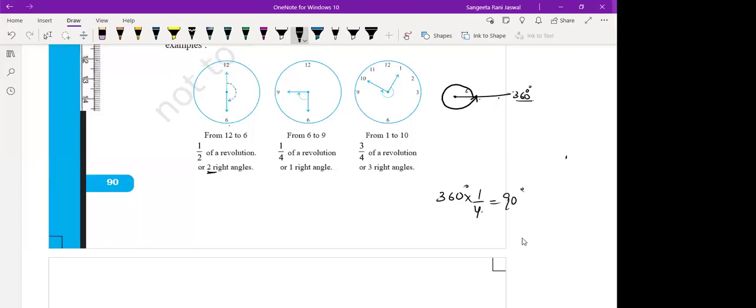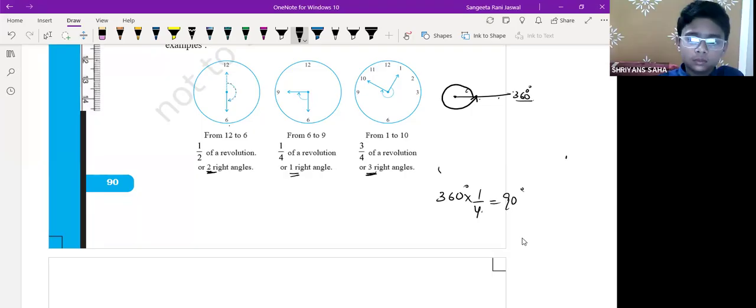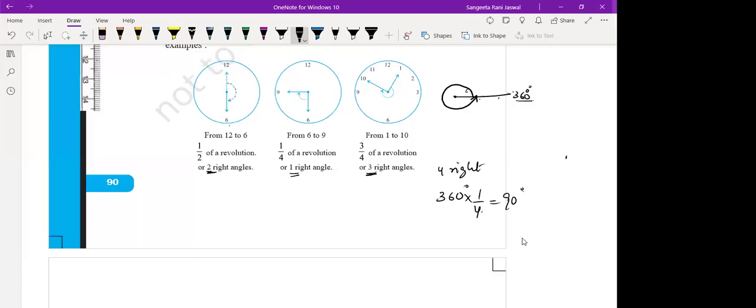This is just a quarter part of it. 3/4 is taking 270 degrees, making 3 right angles, right? 3/4 of a revolution means making 3 right angles. 1/4 of a revolution is making 1 right angle. Half revolution is making 2 right angles. I hope you are understanding. And 4 right angles is a complete revolution.